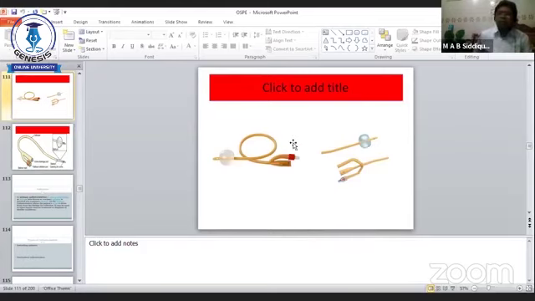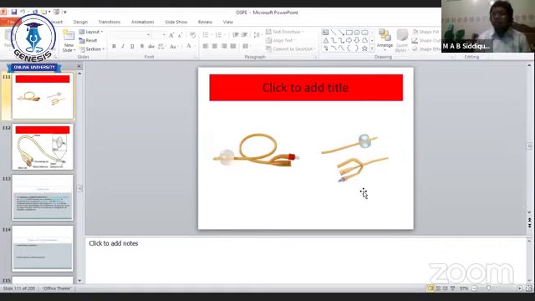Foley was the first introducer of this catheter. A tri-channel catheter is also for irrigation, in case of hematuria, for patients with hematuria like benign enlargement of the prostate, or patients with bladder cancer with continuous hematuria.